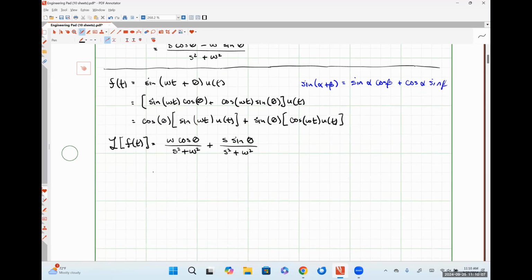And then since I have a common denominator, I can simply add those results together, giving me omega cosine theta plus s sine theta all over s squared plus omega squared.